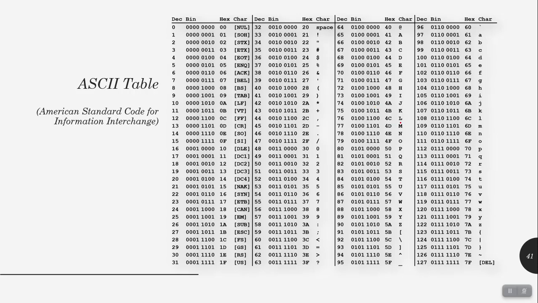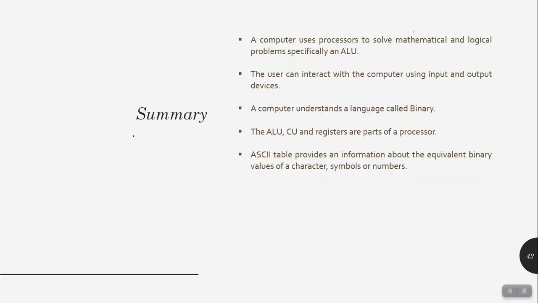Say for example, capital L. L has an equivalent value in binary of 01001100. Okay? ASCII stands for the American Standard Code for Information Interchange.